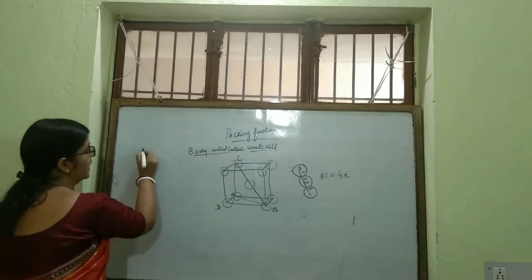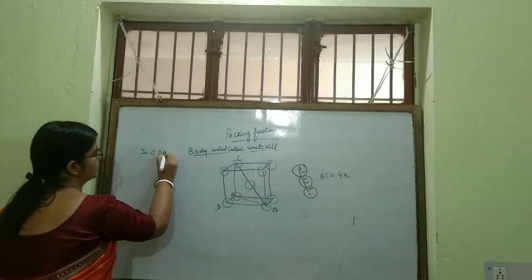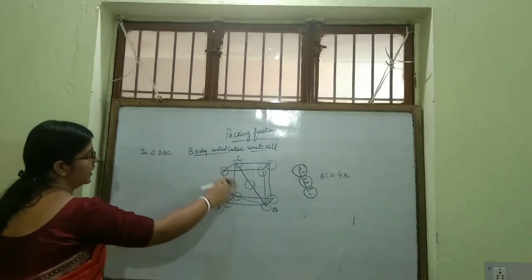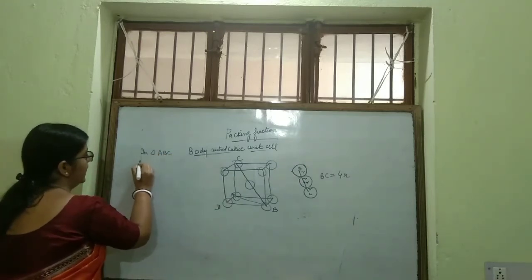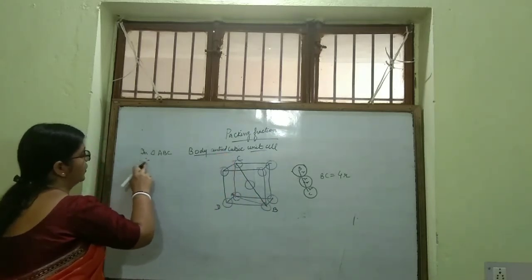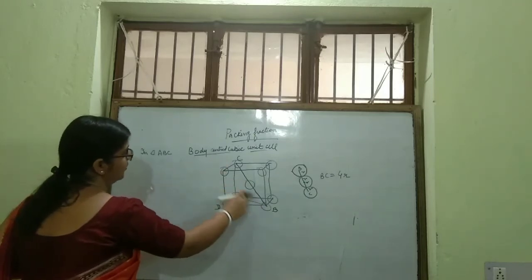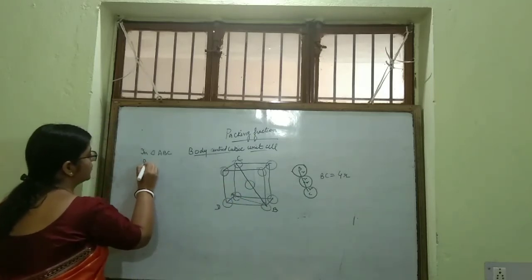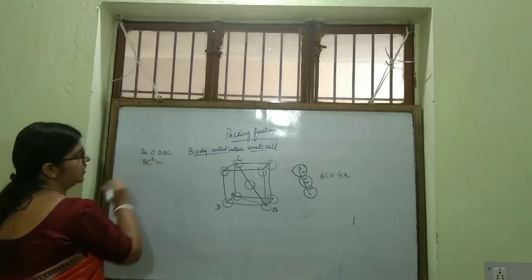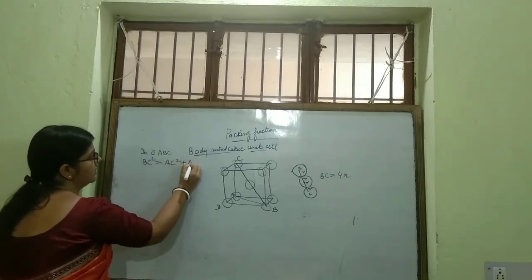In triangle ABC, BC is the hypotenuse. BC² will be equal to AC² plus AB².